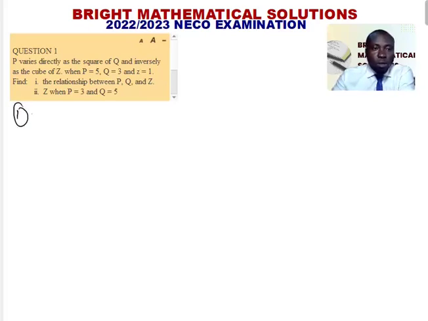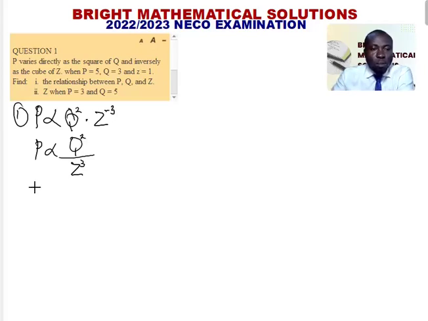Now, let us express our given equation, which is P varies directly as the square of Q, and inversely as the cube of Z. Rather than writing it in this form, we can put it in the form of a fraction.